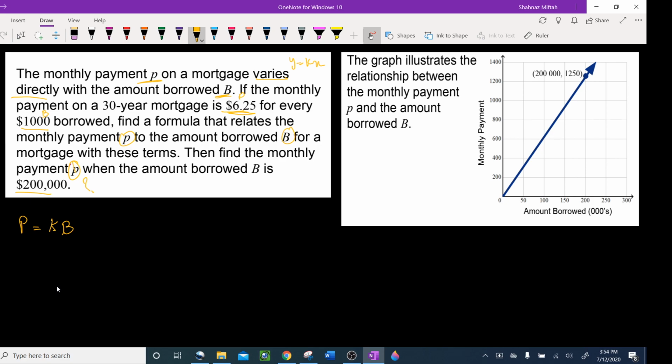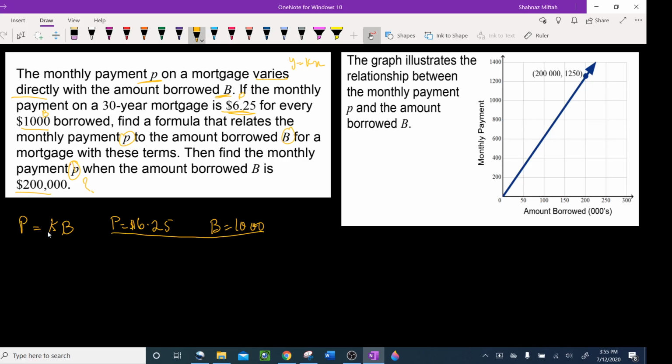Do you see, instead of y and x, we are using P and b. The payment is $6.25 on a 30-year mortgage for every $1,000 you borrowed. These two pieces are together, by the way.